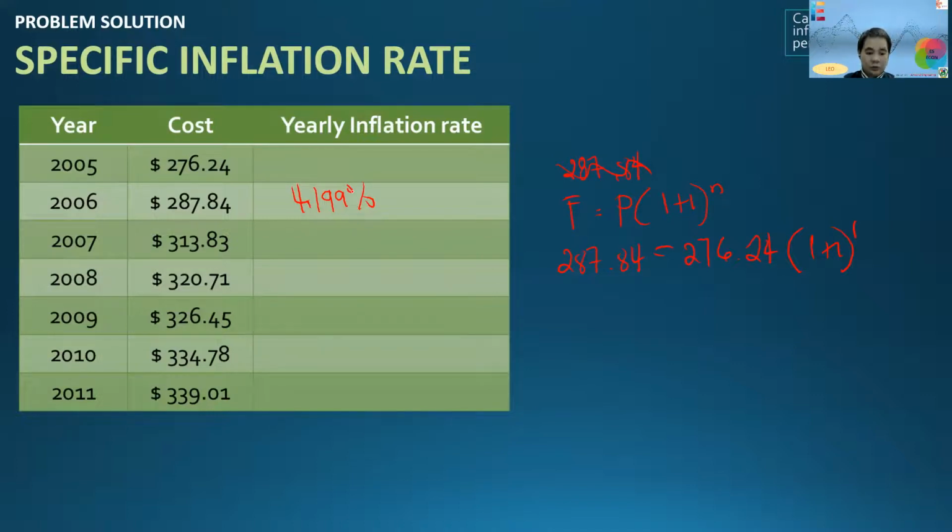That is, F is 313.83 divided by 287.84, minus 1. This is 9.02%.